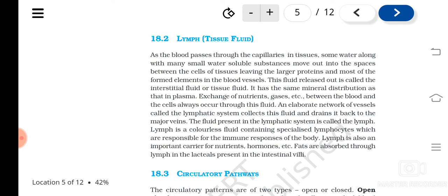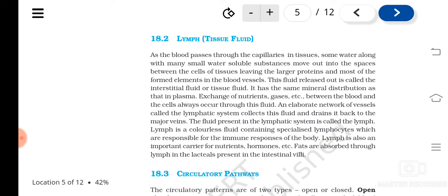Leaving the large protein molecules, most of the elements will get out from the blood vessel, and this fluid is known as the interstitial fluid or tissue fluid.